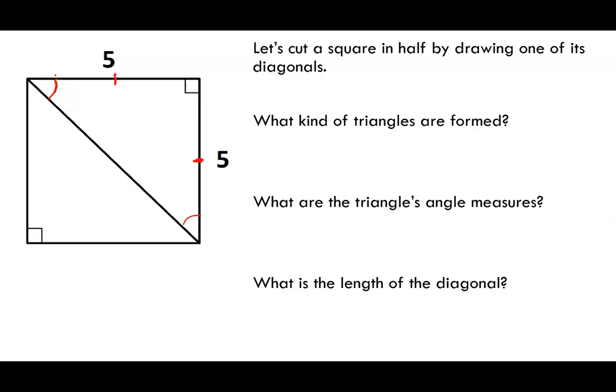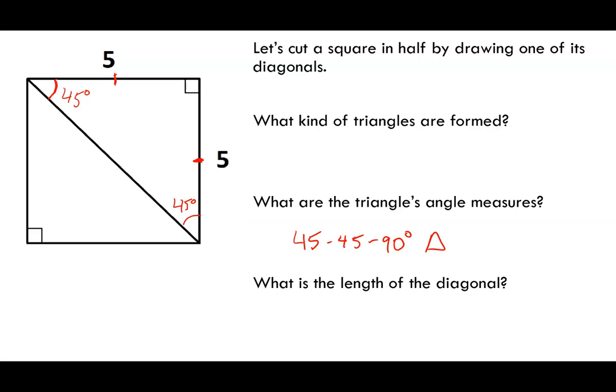They must add up to 90 degrees. The only way to do that and be congruent is for both of them to be 45 degrees. So this is our first special right triangle. We call it a 45-45-90 triangle.